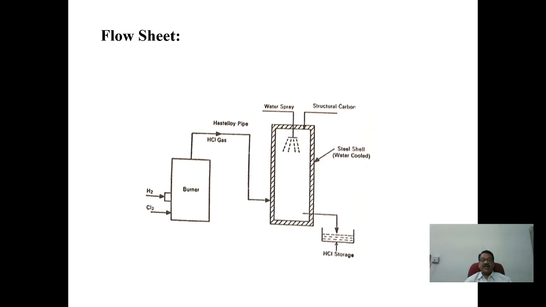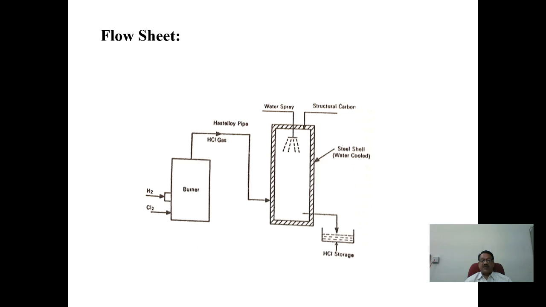This hydrogen chloride gas is then fed to a stainless steel water cooled shell in which water is sprayed from the top, and inside it is lined with structural carbon to avoid corrosion.